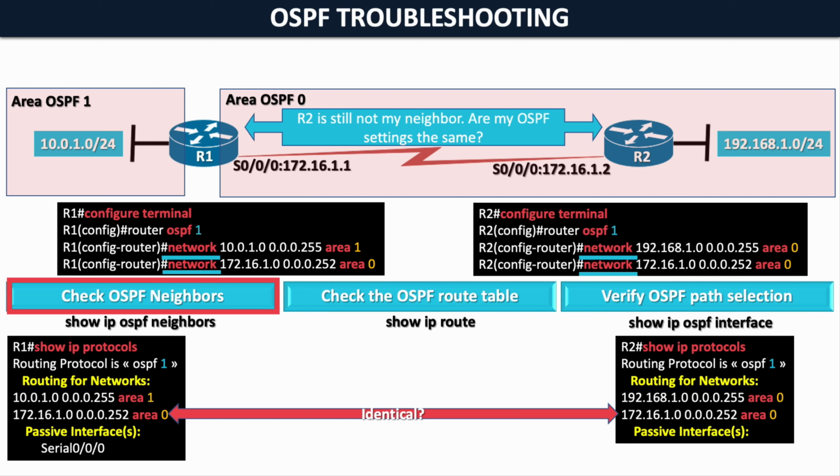This command also displays a list of passive interfaces. Here we see that router 1 has its serial interface 0/0/0, the one that points to router 2, defined as passive. This is why the routers can't form their neighbor relationship, because a passive interface blocks routing updates, that is, the reception of hello packets.